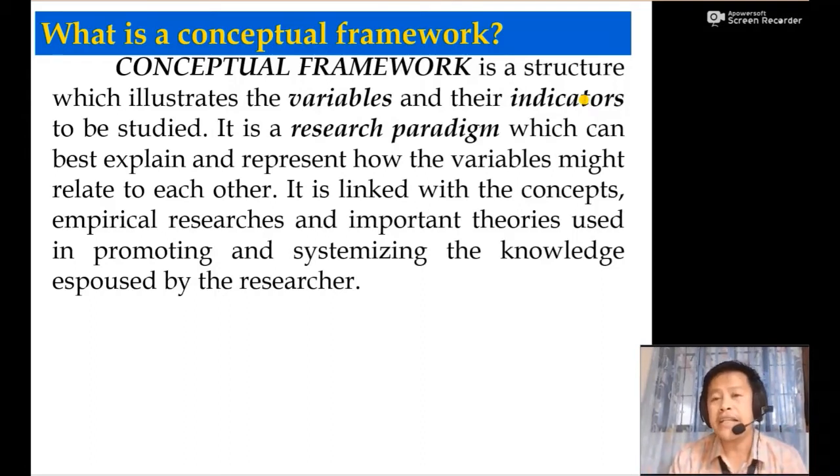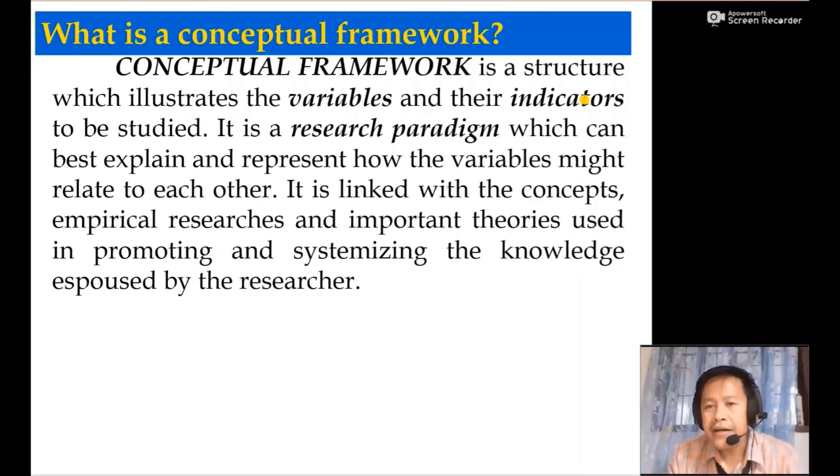When we say entities, these are ideas or things with distinct and independent existence in this particular modern community. So when we say indicators, these are the types, the kinds, or anything under the variables that we are going to have in our research.